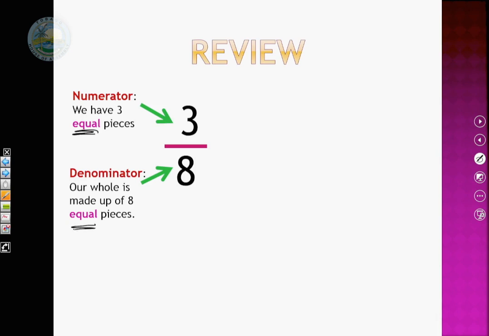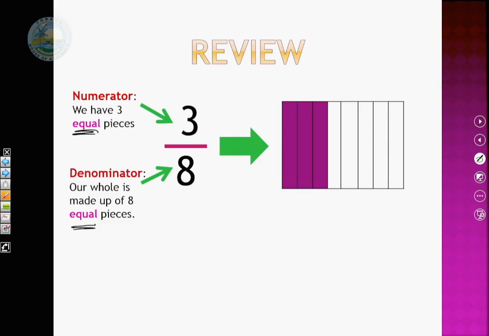Now we're going to represent it in bar form. So here we have 1, 2, 3, 4, 5, 6, 7, 8 equal pieces. And then we have shaded 3 of those to represent our numerator, which is 3. And this is how we represent it in a bar form or using bar modeling.